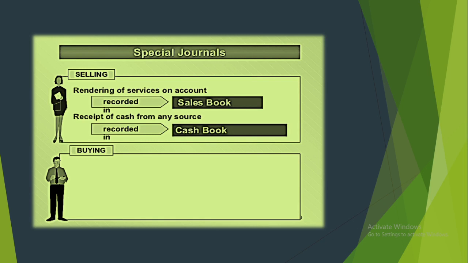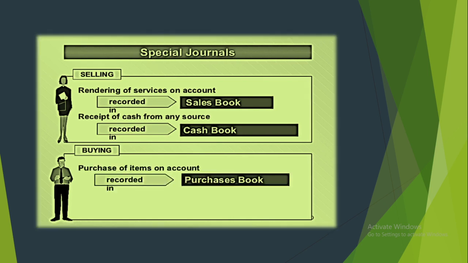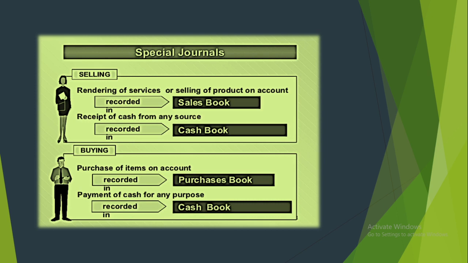Receipt of cash from any source we have to record in the cash book. Purchase book. Purchase of items on account we have to record in the purchase book. Another is again the cash book. Payment of cash for any purpose we have to record in the cash book.